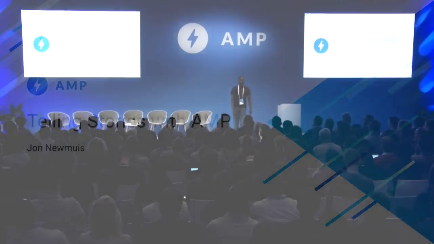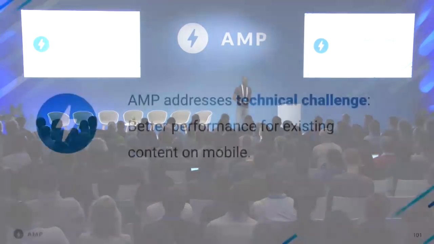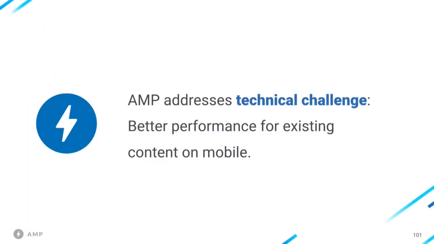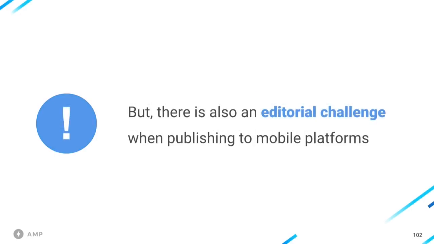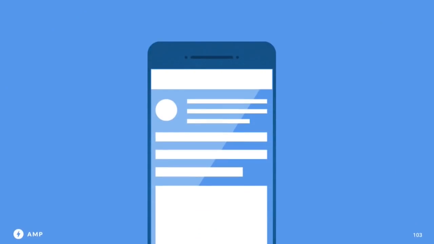When we first introduced AMP, a large part of it was solving a technical challenge, right? Making the mobile web more performant. But as users start to use mobile devices more and consume more and more of their content on mobile, it starts to become clear that there's also an editorial challenge when publishing to mobile platforms.